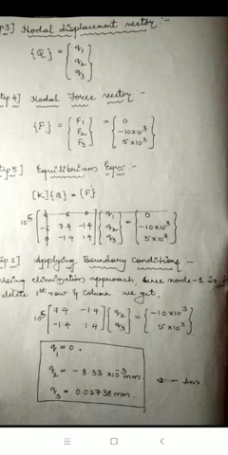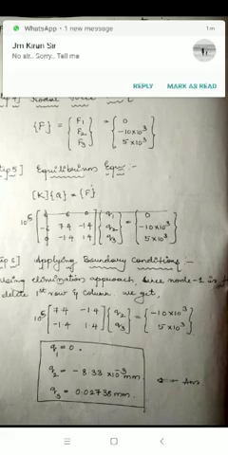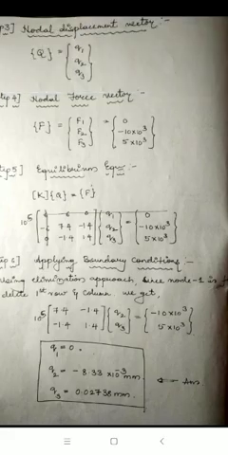We will come to know that by looking at the diagram. One more very important thing we should know: at whichever node we know the displacement, that particular row and column we have to eliminate.